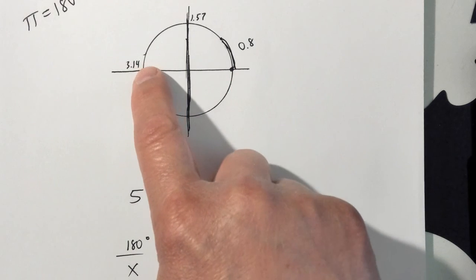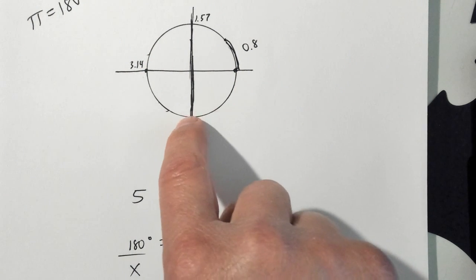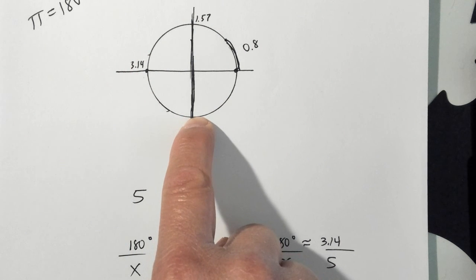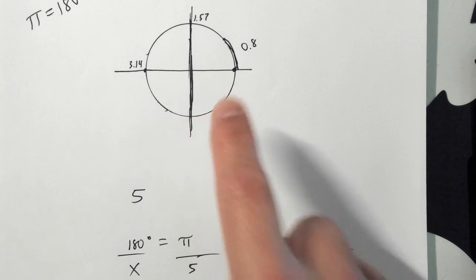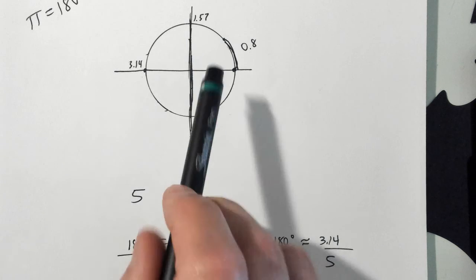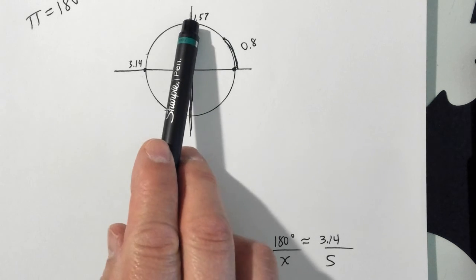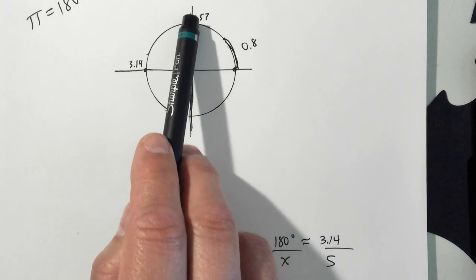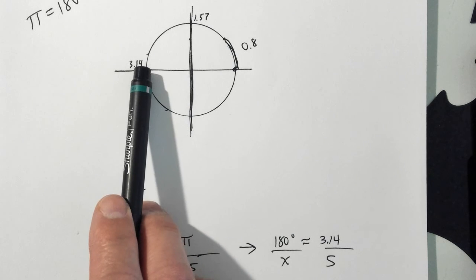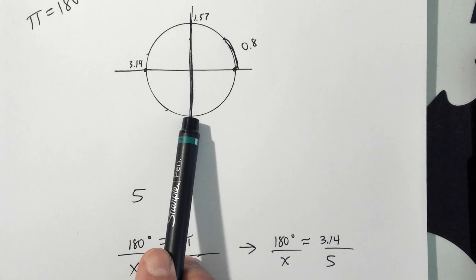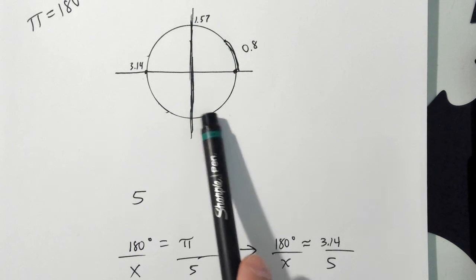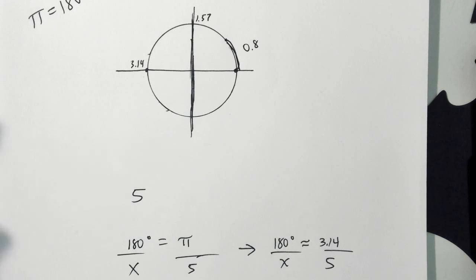That's 3, 4. It's like 4.5-ish. So 5 occurs here. Chop off that 1.57 and think of that as 1.5. Chop off that 3.14 and think of that as a 3. So 1.5 inches, 3 inches, 4.5 inches, 6 inches. So I knew 5 was going to be somewhere around there.